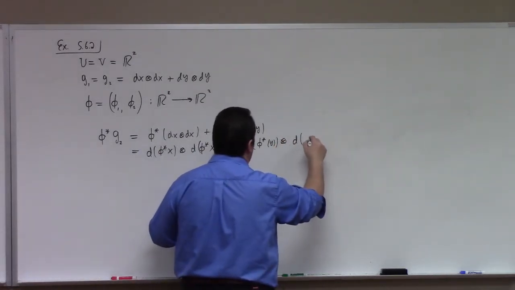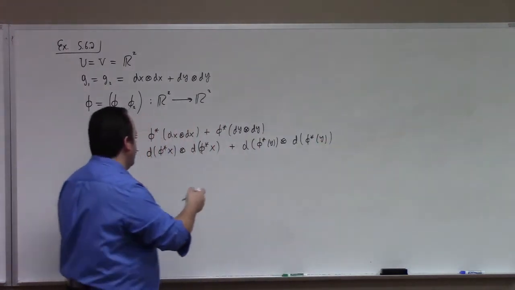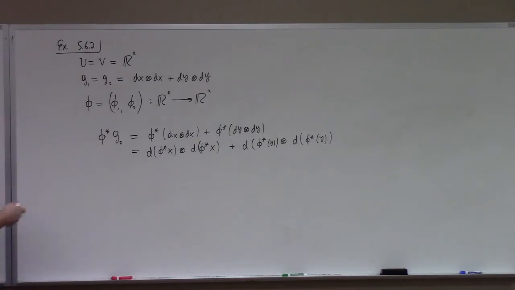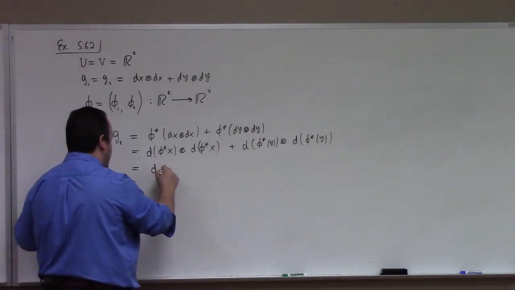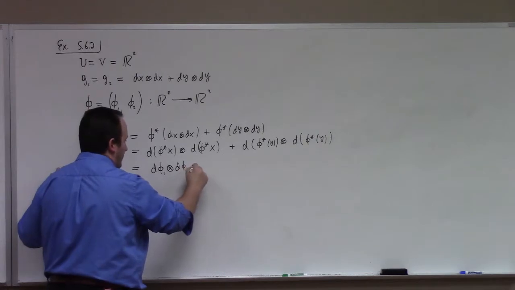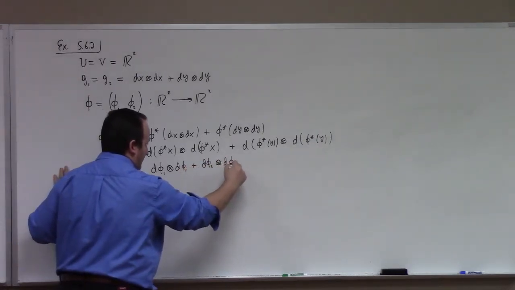What are those? That's nothing more than the first component function of phi, because when we take the pullback of a function, it's just composition. So this is literally d phi 1 tensor d phi 1 plus d phi 2 tensor d phi 2.